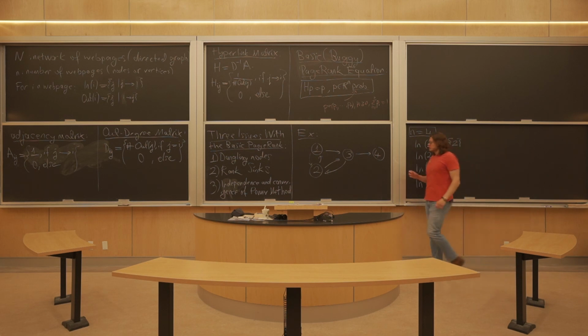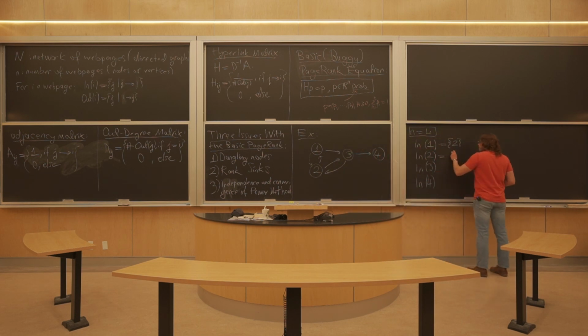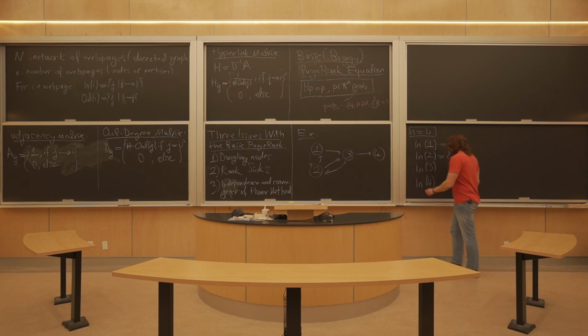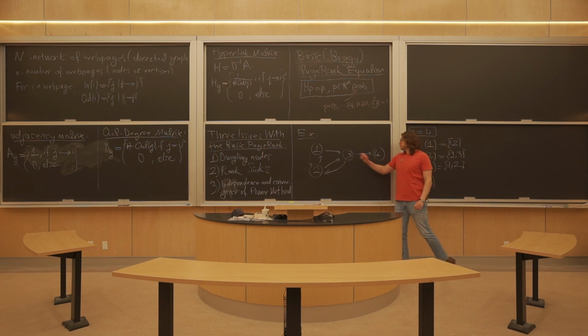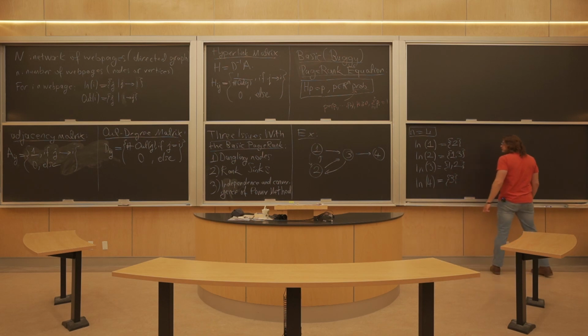If I look at 2, both 1 and 3 have links to 2 and nothing else. 3 has a link from 1 to 2. And 4 has a link only from 3. These are the insets. The outsets are like so.